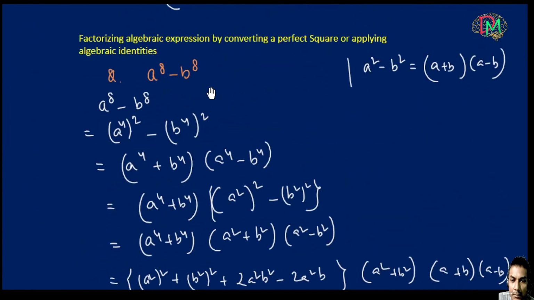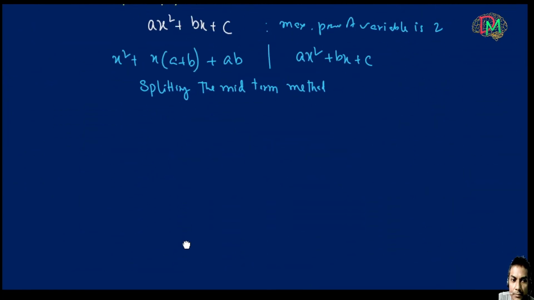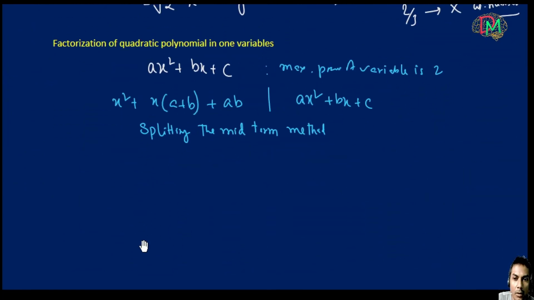Clear? So let's take examples one by one. Let's take one example: x square minus 4x minus 21. Look at this. This is similar to the x square plus x into a plus b plus ab format.